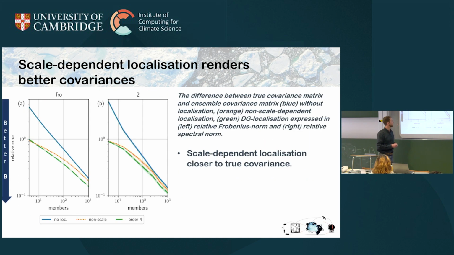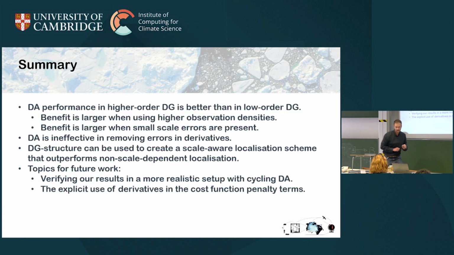And to quantify that, we looked at the relative error in the covariance as a function of the number of ensemble members, and we see that for our scale-dependent localization in green, the error is smaller than for our non-scale dependent localization in orange.